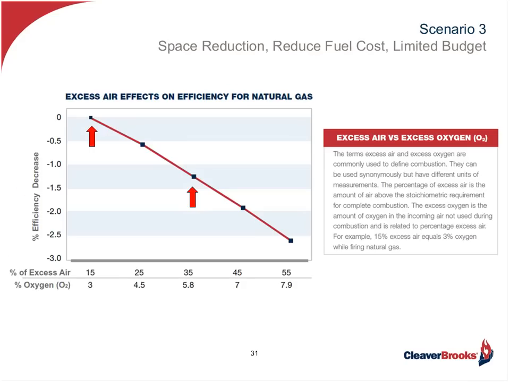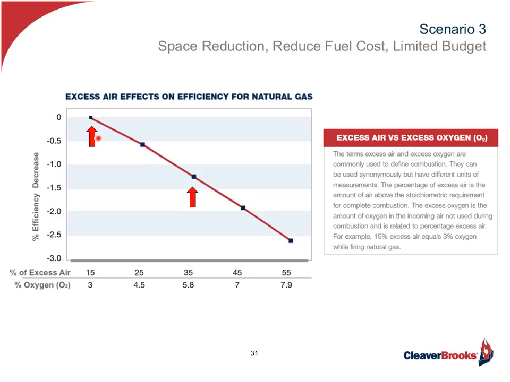The other thing that these engineers are looking at is properly designing and controlling these burners. What this graph right here is showing you is that we start off at 3% O2, or 15% excess air.